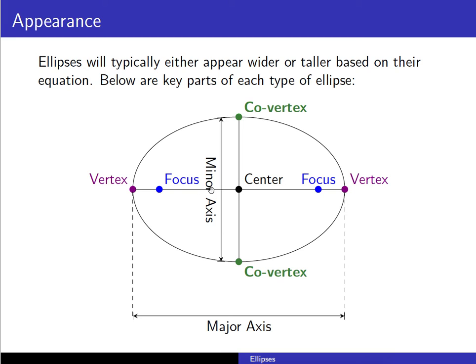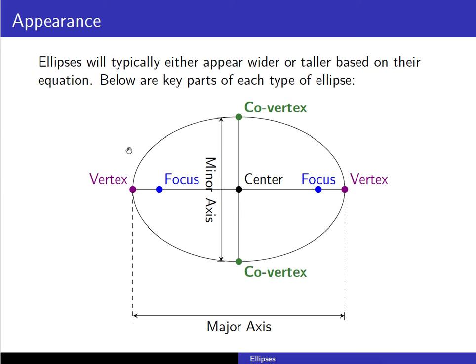Inside the ellipse, we have what are known as focal points, or foci. If we take a point on the ellipse and calculate the distance to this focus point and the distance to the other focus point, whatever that sum is, it'll be the same for every point on the ellipse.